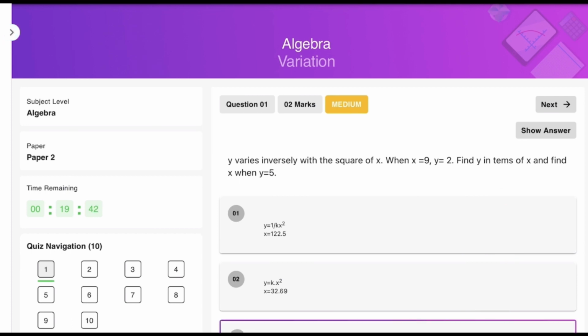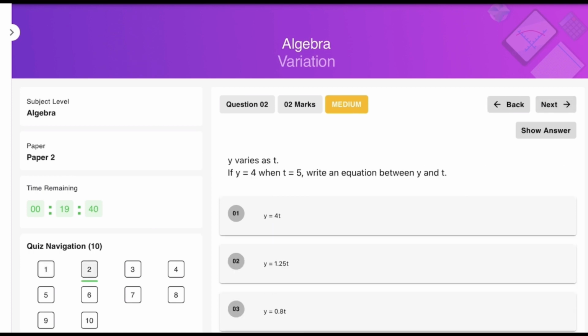Alright, y varies as t, and if y equals 4 and t equals 5, write an equation between y and t. So this one is basically a simple example of direct variation. So you can write the direct variation formula first, that is y is equal to kt, and then you can substitute 4 equals k times 5.